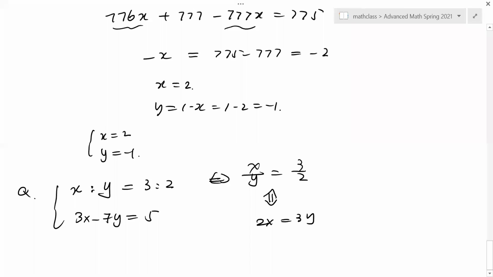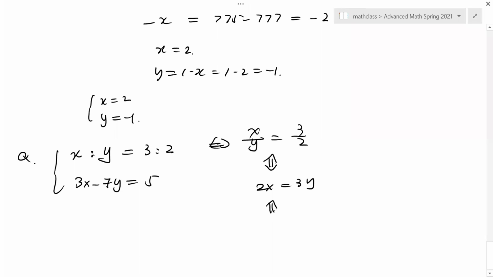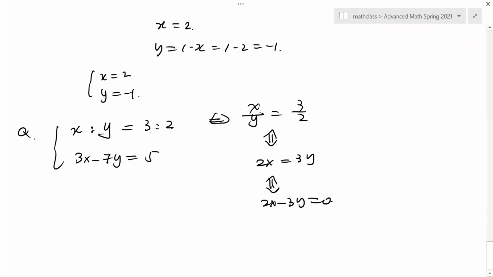That is a linear equation, right? It can also be written as 2x minus 3y equals 0.